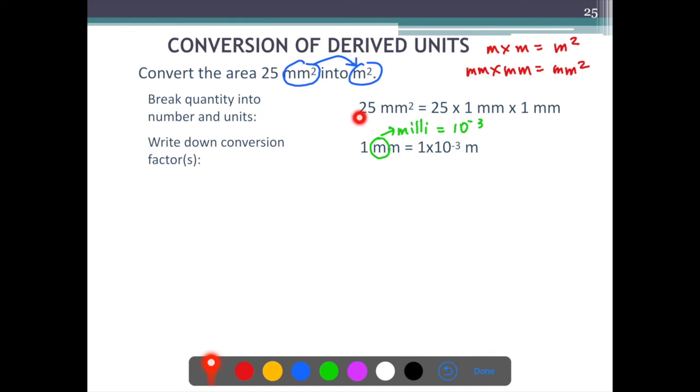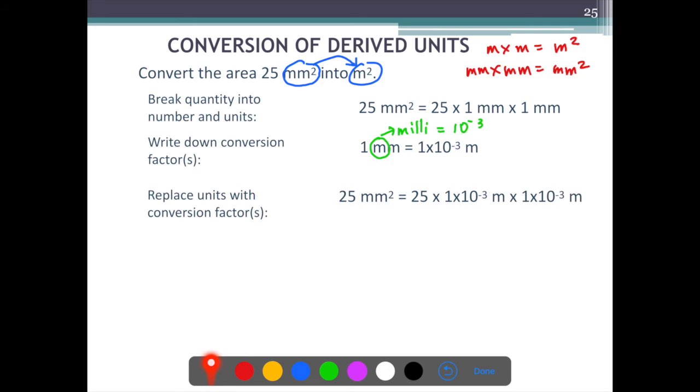And then you go back to your quantity and its units and replace the units that you don't want with the units that you want using the conversion factor. So 1 millimeter is equal to 1 times 10 to the minus 3 meters, and you replace that here. You have to do that twice because you have millimeters squared.